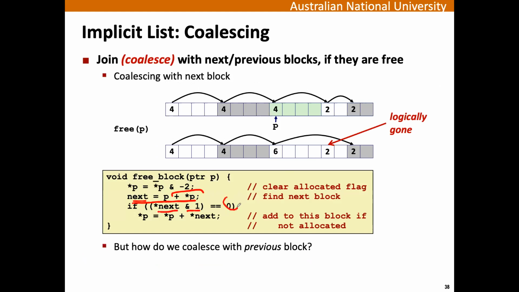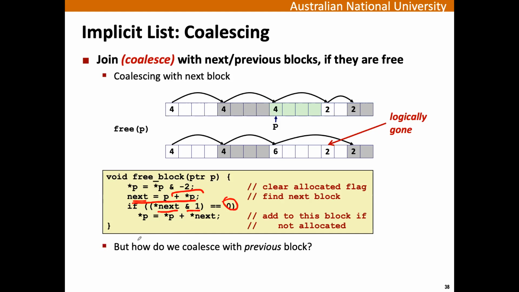And if that is 0, it means that the next block is free. So this is pretty clever. We add the size to our pointer to go to the next block, and we do this AND operation with 1. And we know that if the result is 0, this next block is not allocated.